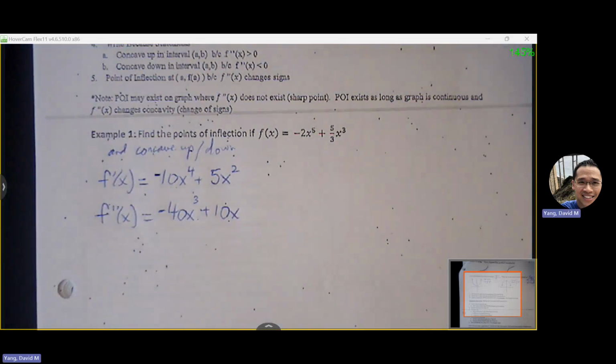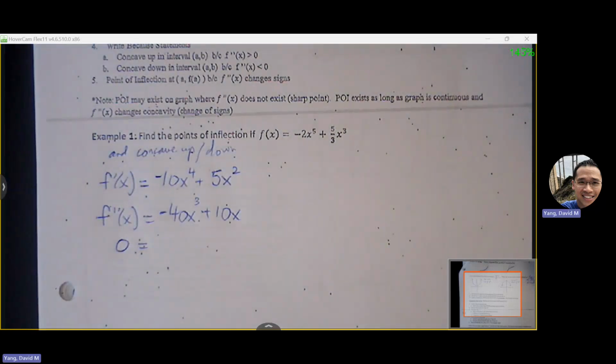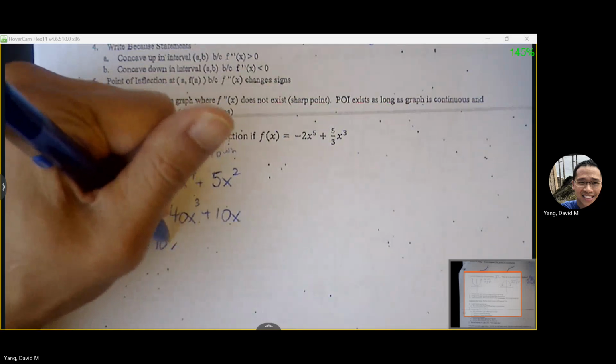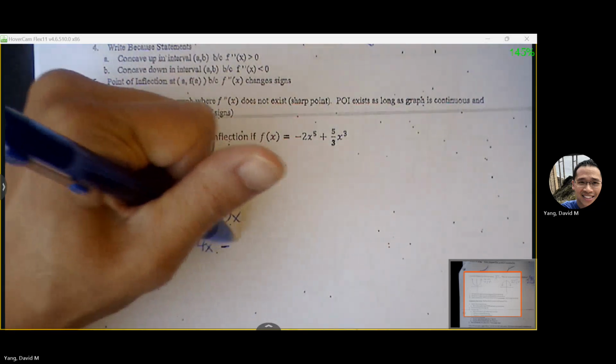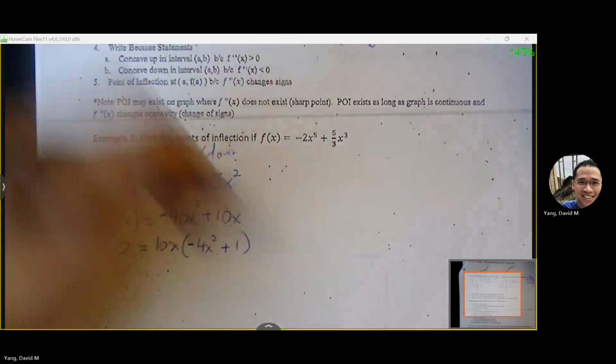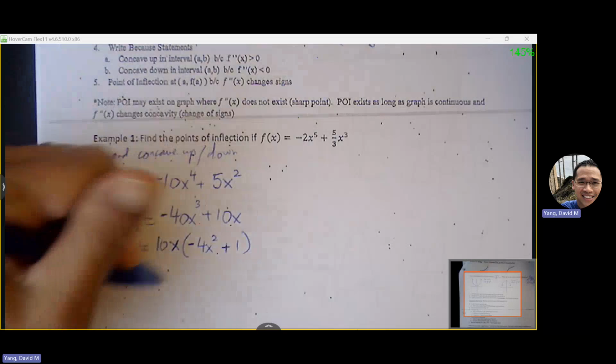Power rule again. Now we can set this equal to 0. I can factor out my GCF of 10x. I'll set both equal to 0.